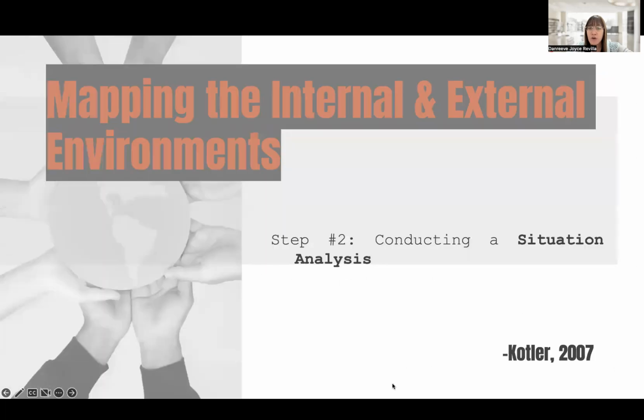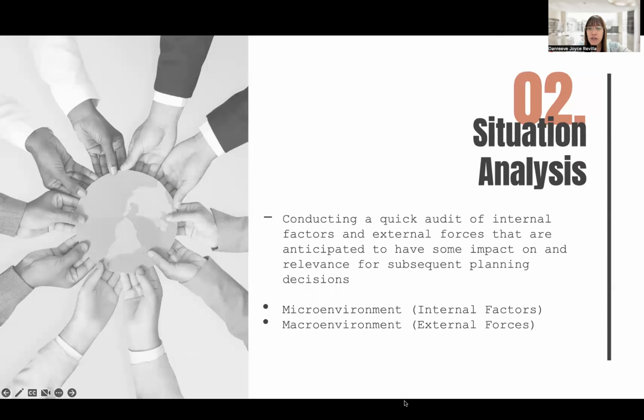So let's move forward to step number 2, which is conducting a situation analysis. So, situation analysis is conducting a quick audit of internal factors and external forces that are anticipated to have some impact on and relevance for subsequent planning decisions. So, in order to successfully conduct a situation analysis, you must have already selected a purpose and focus for your plan.